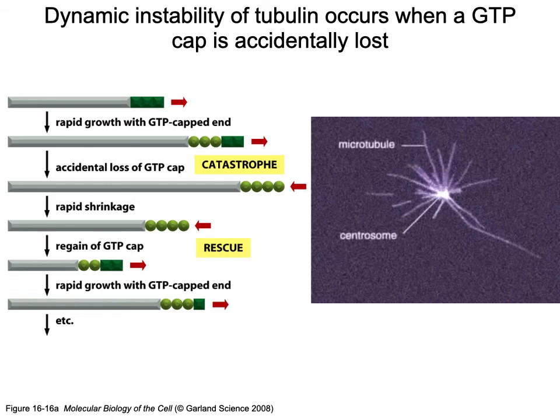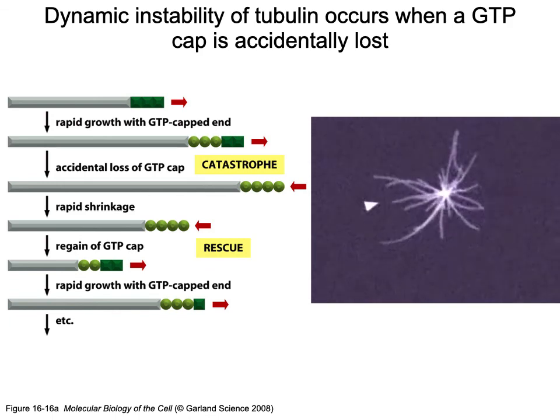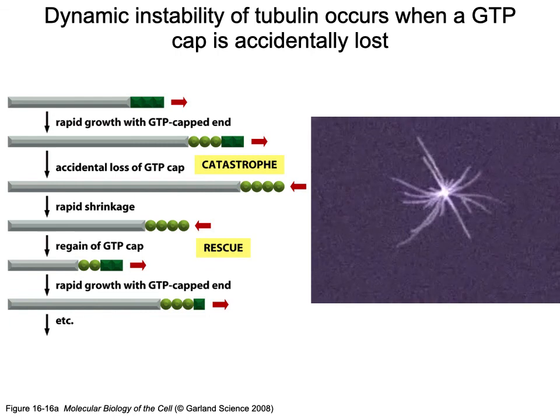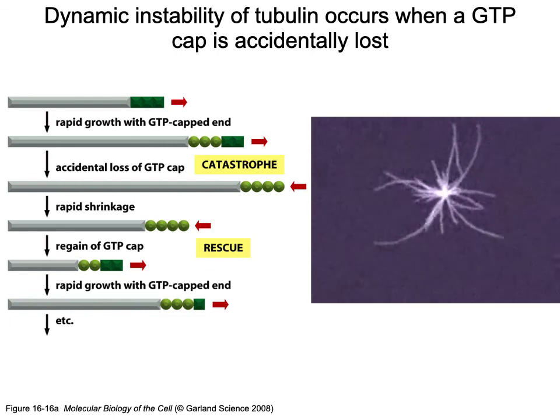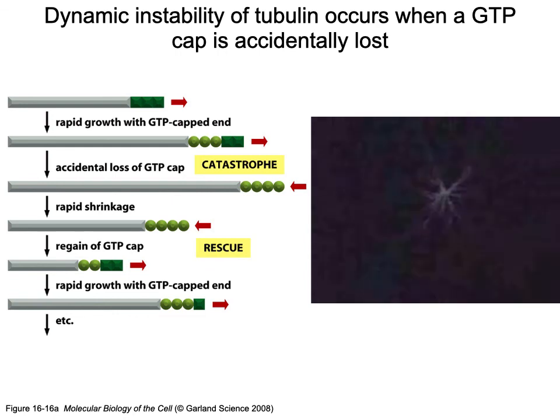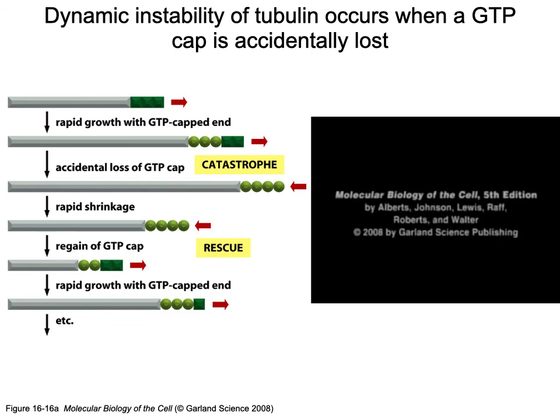Microtubules continually grow from the centrosome added to a cell extract. The other thing is if you end up losing the GTP cap, then that's going to signal for a shrinking. So here we can see we have growth occurring, and then something happens that causes the loss of the GTP cap, and you can start to see how there's a decrease.